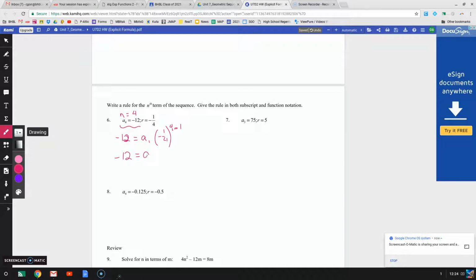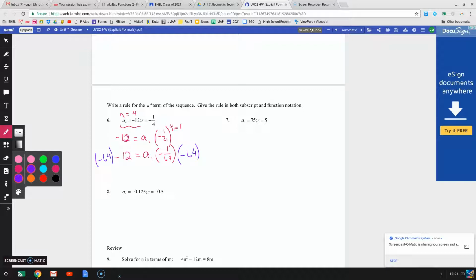So -12 equals a sub 1, and when I raise this to the 4 minus 1 power, we really know that's to the 3rd power. So that's going to give me -1 over 64. Now, in order to solve this, I'm going to have to multiply both sides by the reciprocal, so multiply both sides by -64.